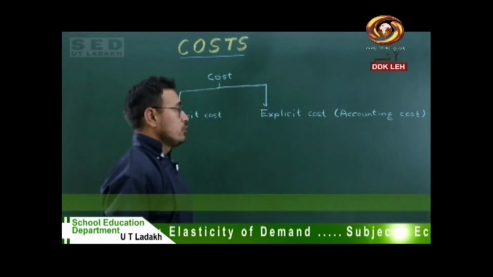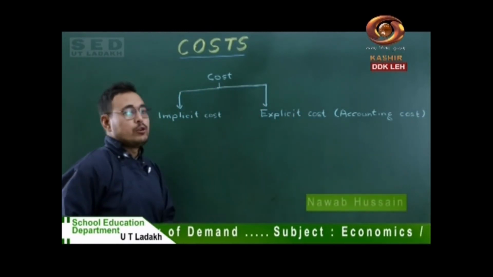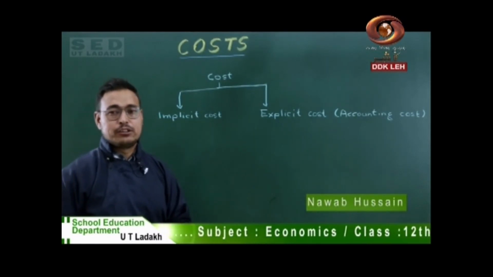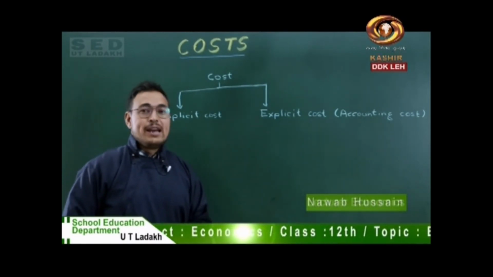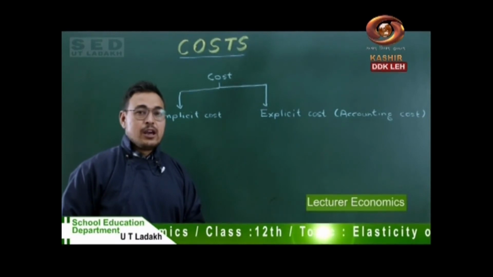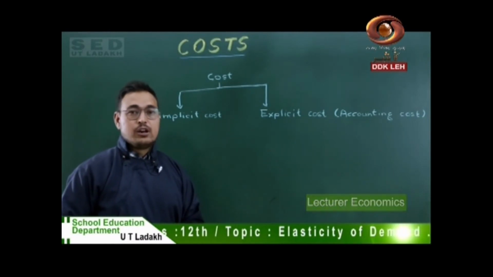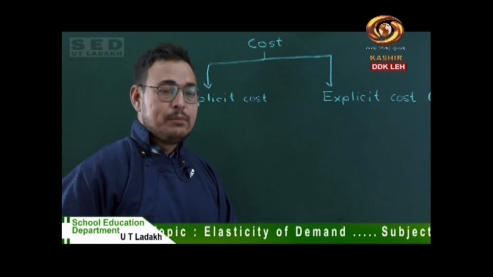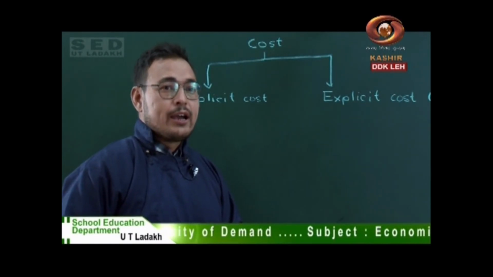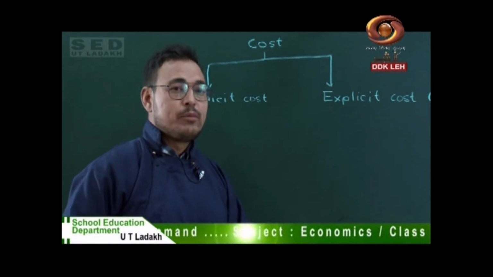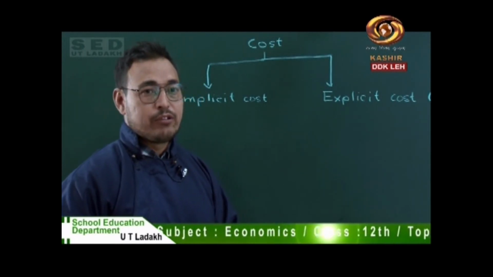Whenever we are talking about cost, we include both implicit and explicit cost. By explicit cost, we mean the cost that is incurred on raw materials, labor, capital.